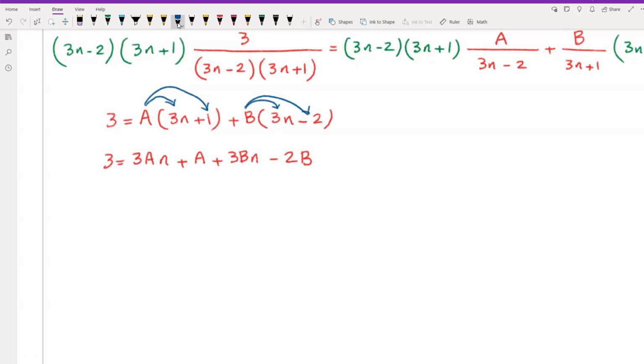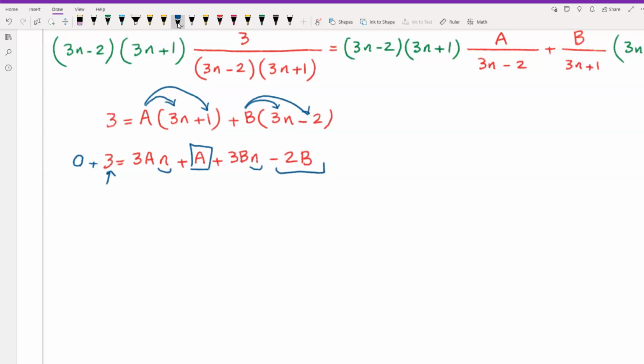So we have 3 equal to 3an plus a plus 3bn minus 2b. Now solve for a and b. Here on this part we have like terms, here we have n, here we have n. On the left side, we do not have n, so that part is 0. Plus what we have here without n, that is a, and here is negative 2b. So use these two terms equal to, on the left side, the part that doesn't have n, which is equal to 3.